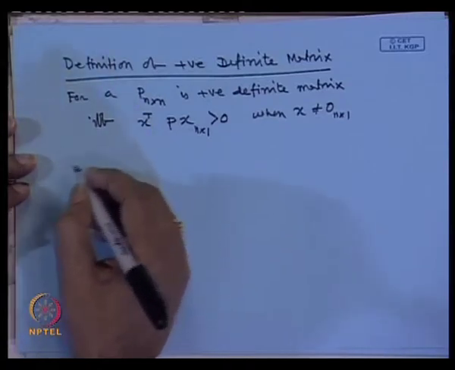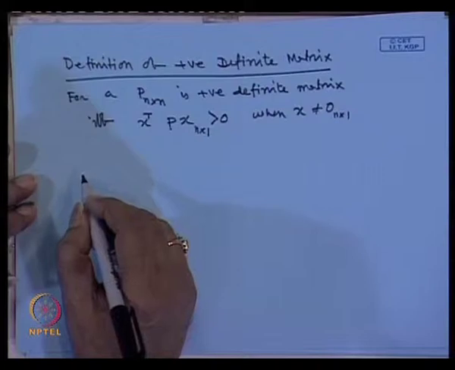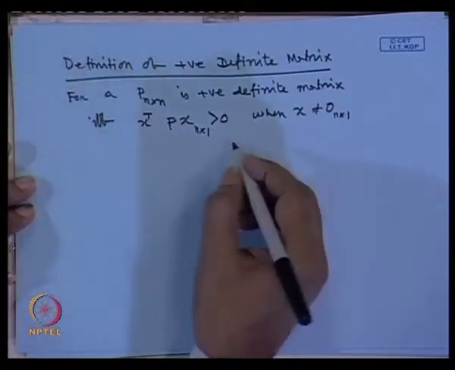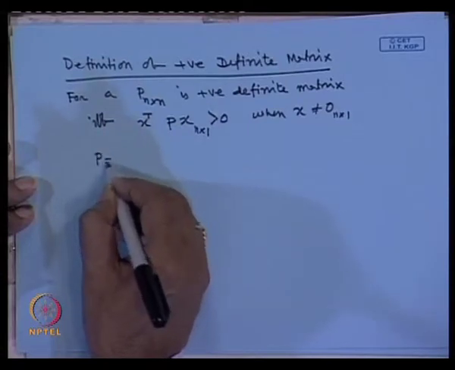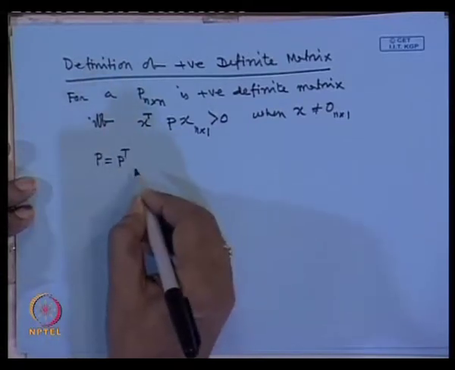Next, for positive definite, if P is equal to P transpose, that means P is a symmetric matrix.